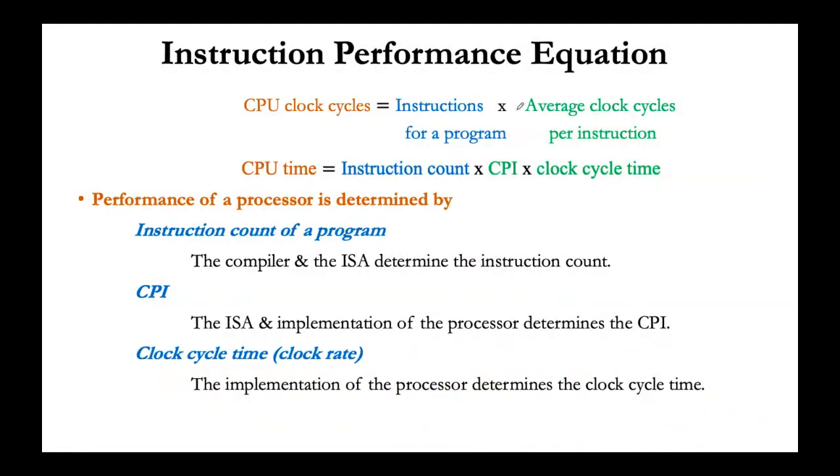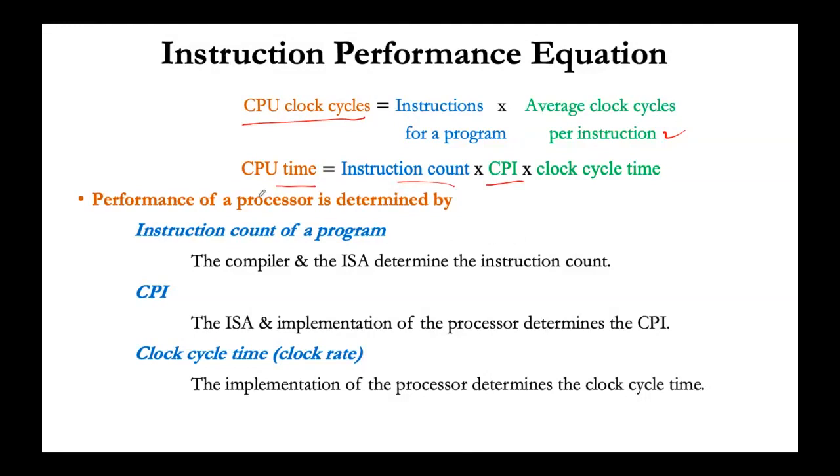So this instruction performance equation is simplified as: the CPU clock cycles equal the instructions per program multiplied with the average clock cycles per instruction. And that is simply written here as CPU time is equal to instruction count times cycles per instruction times the clock time.